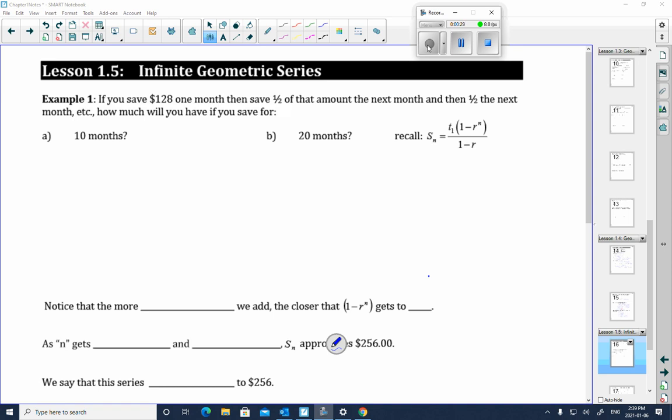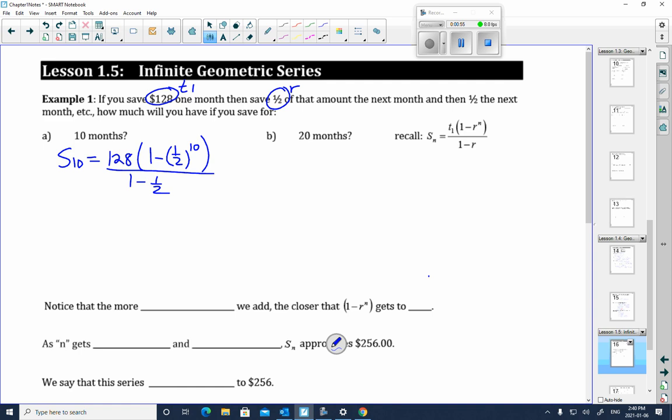So we're going to use the formula that we learned yesterday, the Sn formula. So this is my first term, and that is my common ratio. So S10 would be 128 times 1 minus a half to the power of 10 over 1 minus a half.